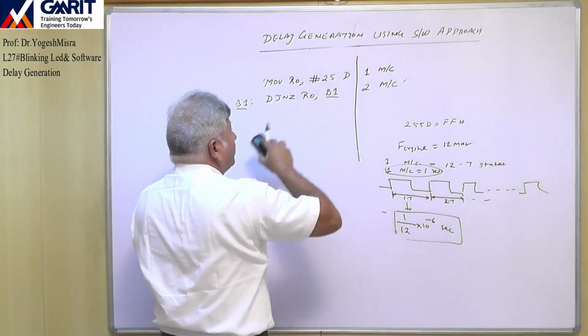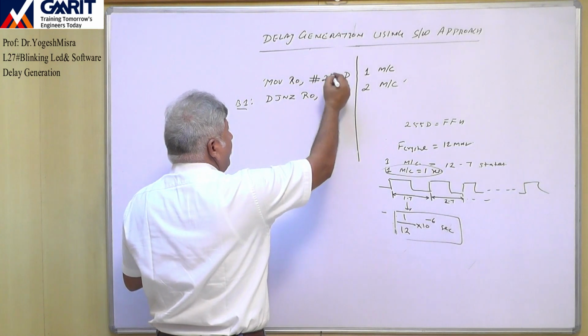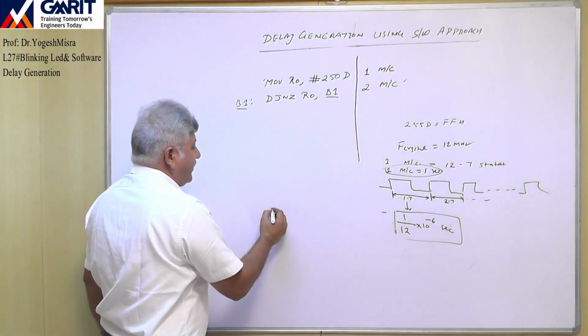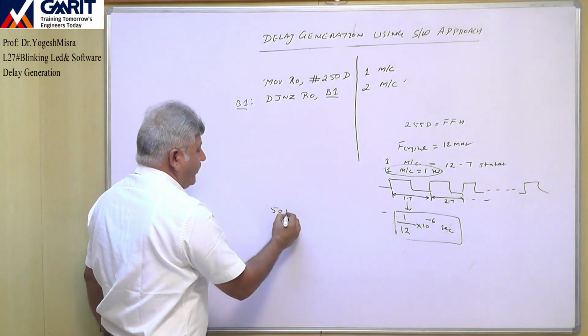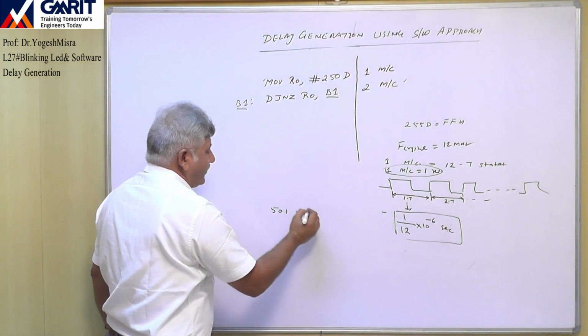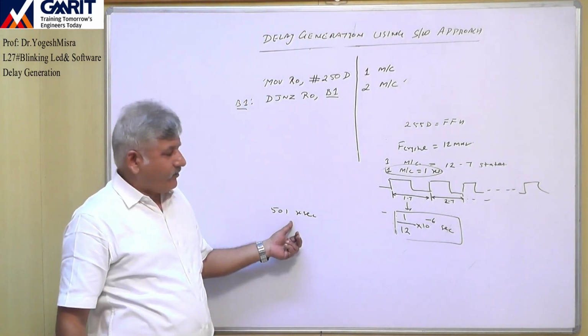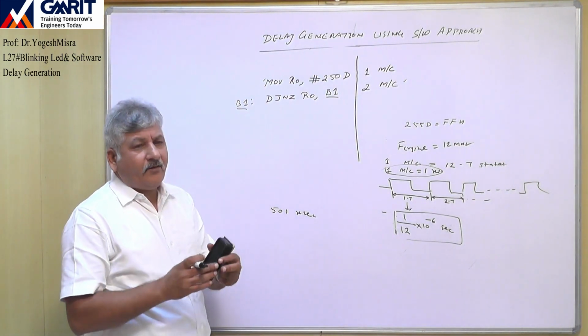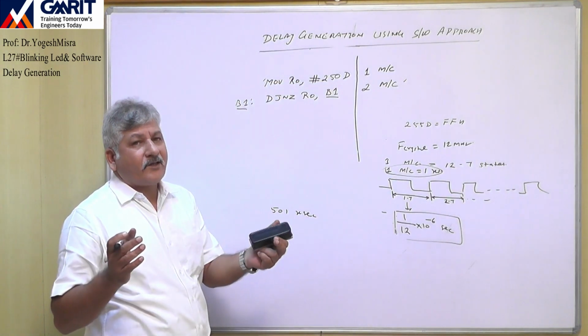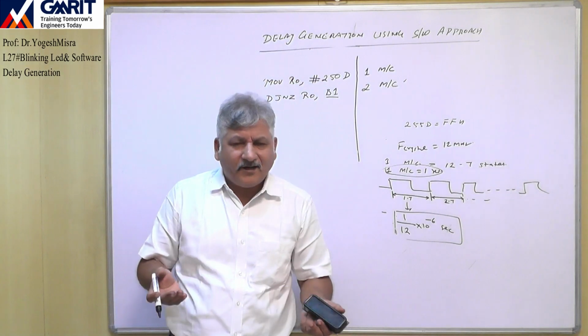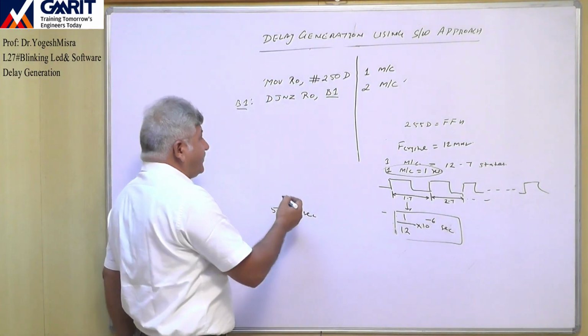Just now we discussed that with the value 250, we are generating a delay of 501 microseconds. We will neglect this 1 microsecond, because when we are talking about 500 microseconds, if it is 501 instead, then also no problem. We can neglect this 1.